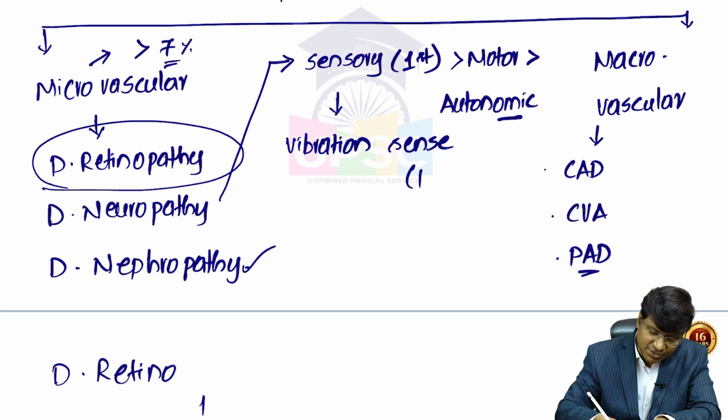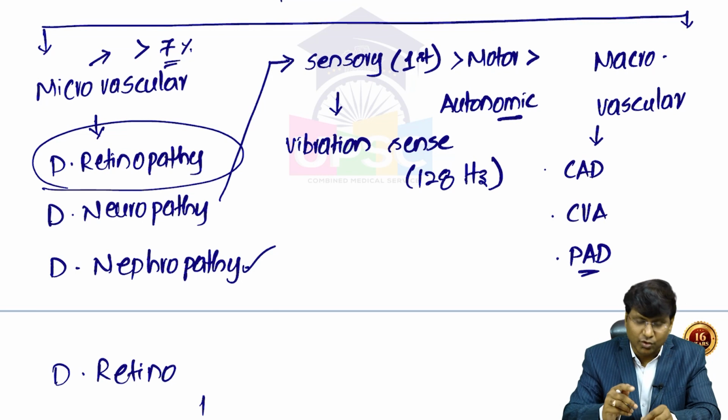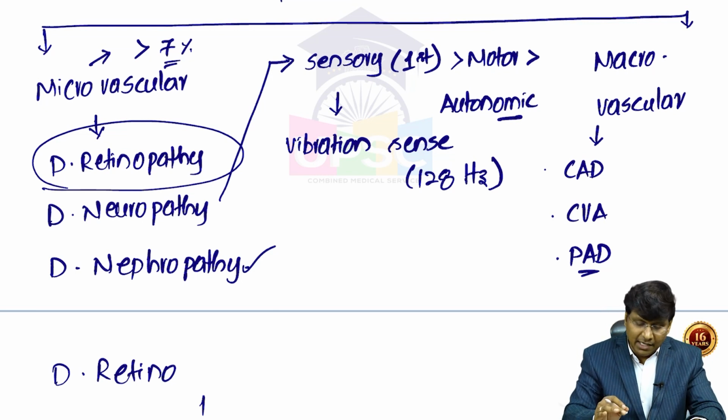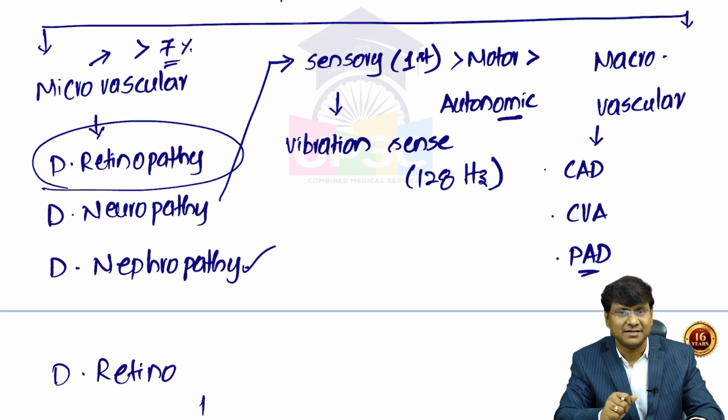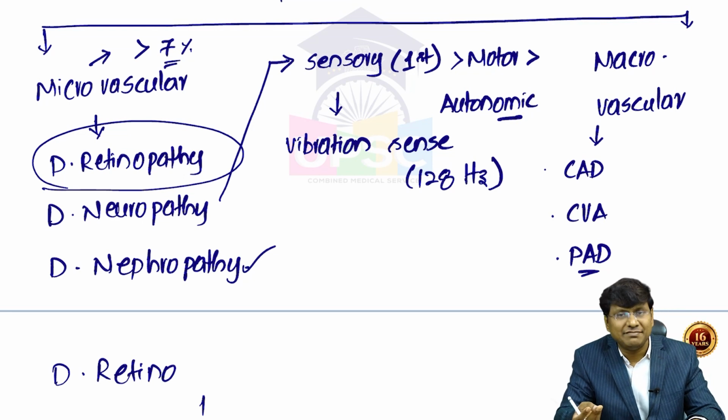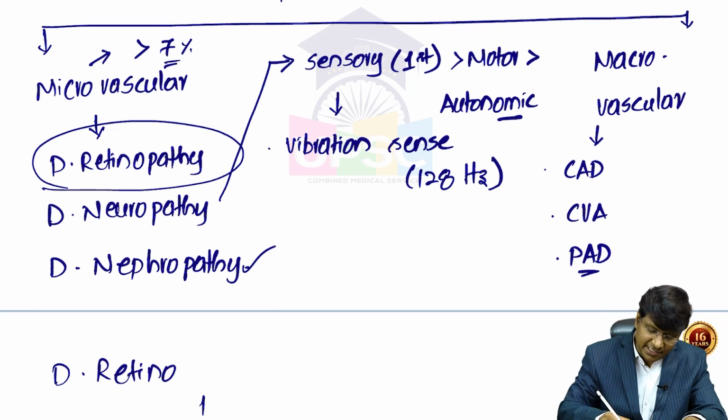And this vibration sense is measured with the help of a tuning fork of 128 Hz, right? This diabetic neuropathy is a small fiber neuropathy. In motor neuropathy, you have the development of mononeuritis multiplex, where there can be carpal tunnel syndrome and even cranial nerve involvement.